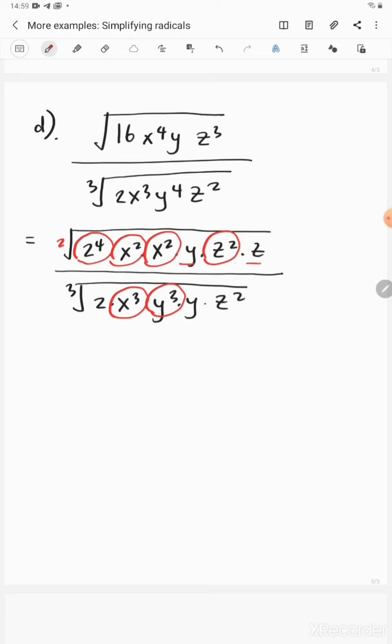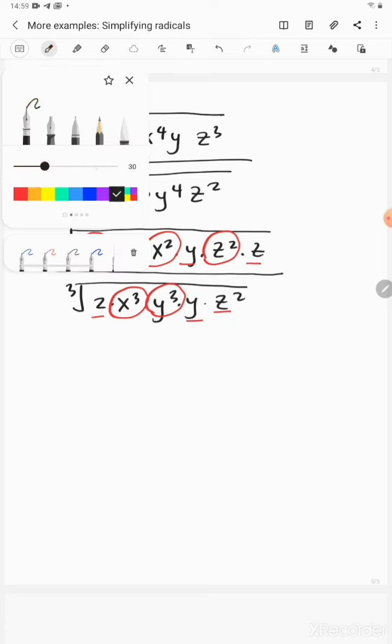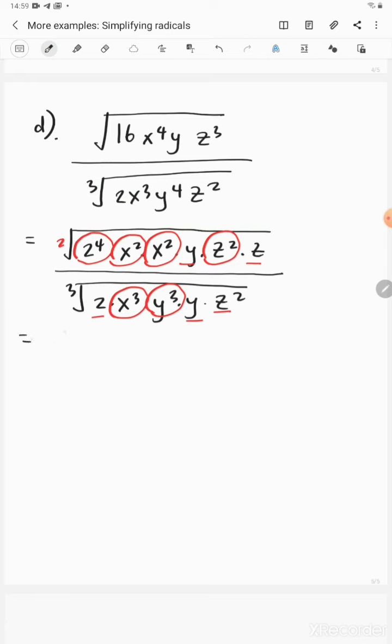So this one will still be inside the root. Now we have 4 divided by 2, we have 2 power of 2, and then x power of 2, also z. So inside the root we have y, z.